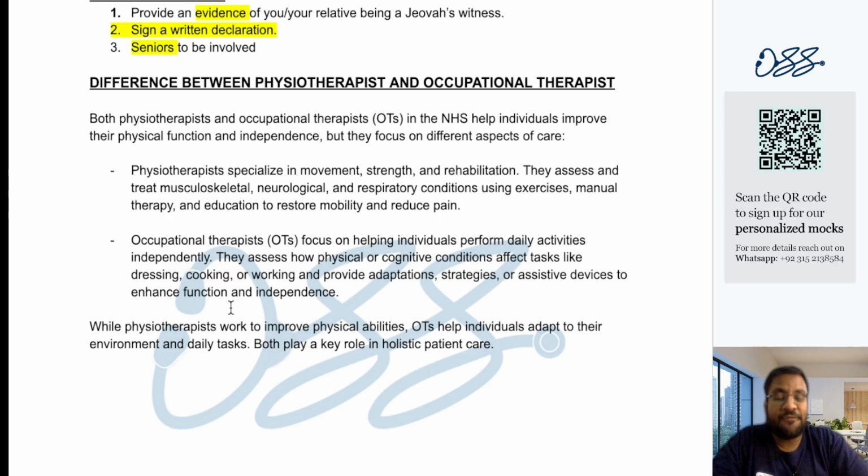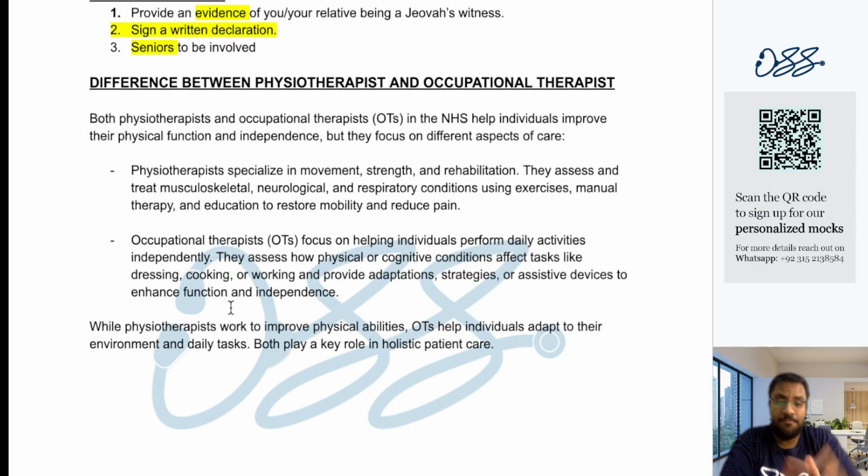Okay, so most of us know what a physiotherapist is. They basically specialize in movements and making sure they're able to get back the strength of that particular organ, whether it is cardiac therapy or orthopedic therapy. Depending on the case, they try to bring back the normal strength, the normal function, and the movement.